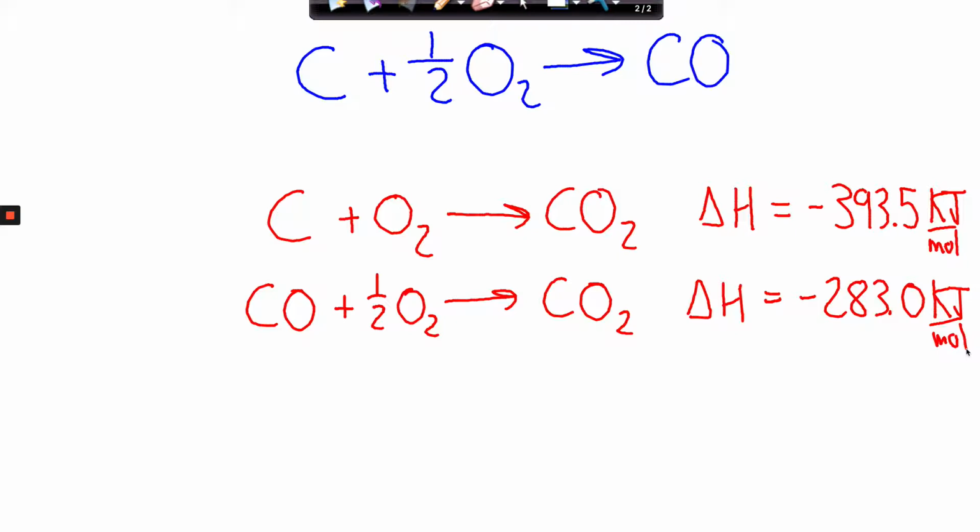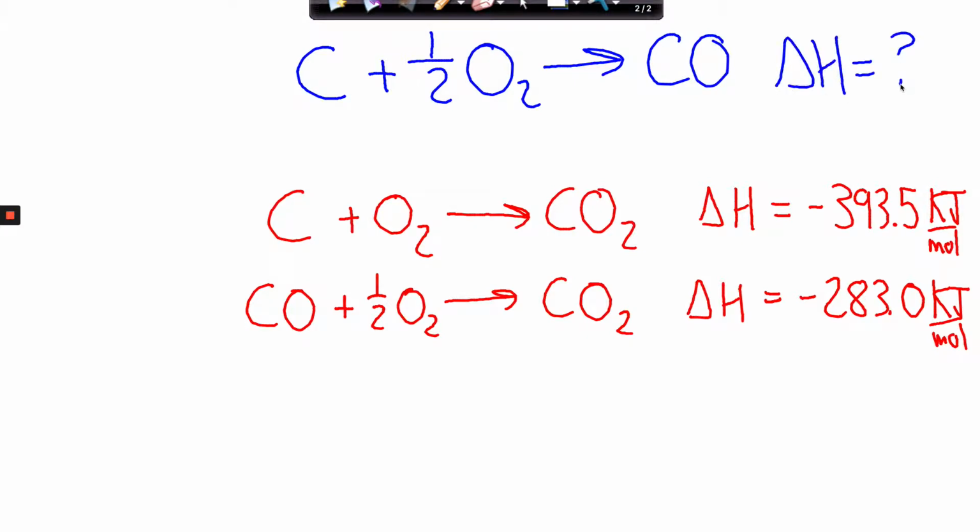Okay, so guys, this is what this is going to look like on the AP test. They will give you what we call a subject reaction. Carbon turning into carbon monoxide, the one in blue. Then they will give you some equations, and they'll say, using this information, figure out the delta H for this process.